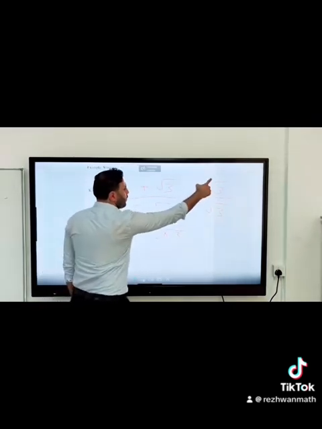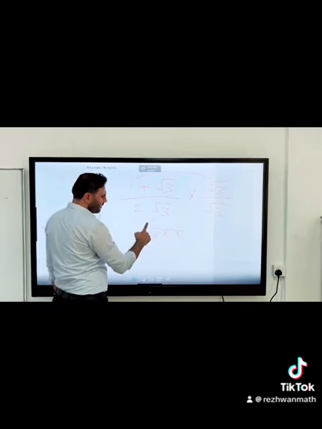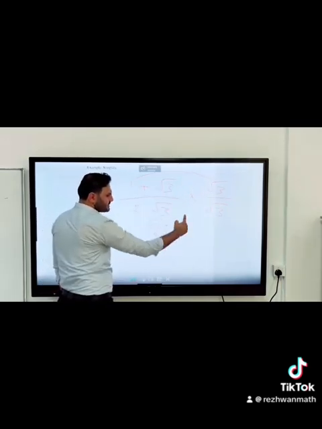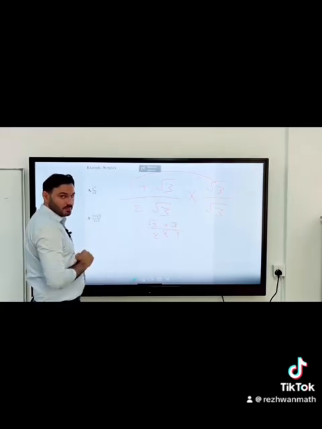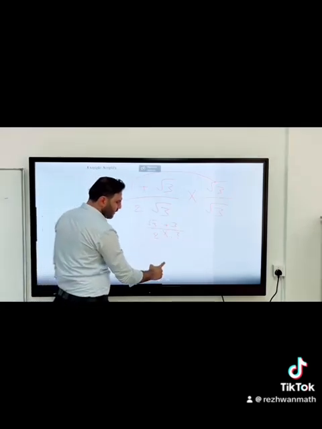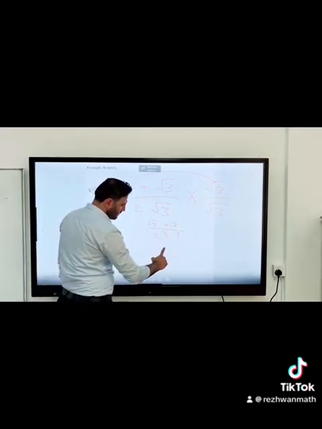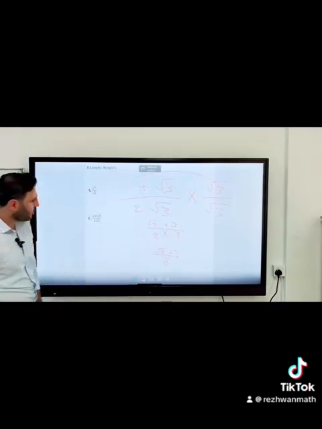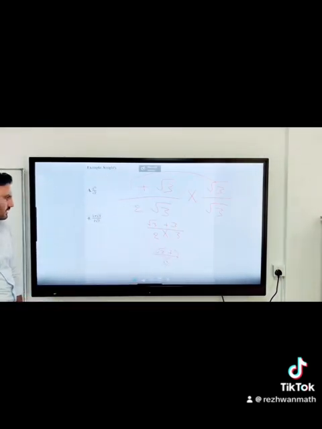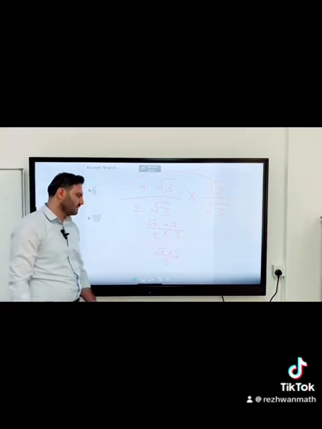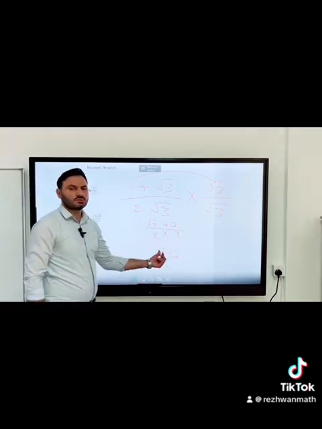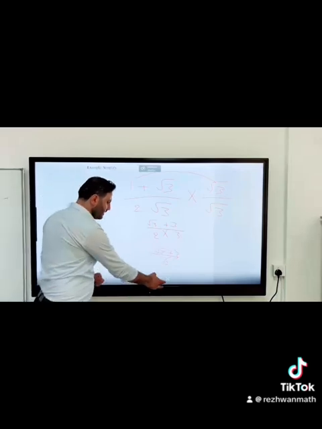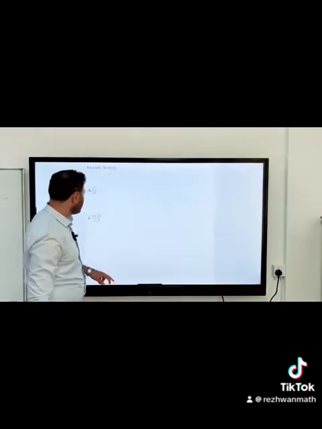And square root 3 times 1, we get square root 3. And plus square root 3 times square root 3, we get 3. Then 2 times 3, we get 6. And square root 3 plus 3. Now the simplest form of 1 plus square root 3 over 2 square root 3 is square root 3 plus 3 over 6. Now the denominator is rationalized.